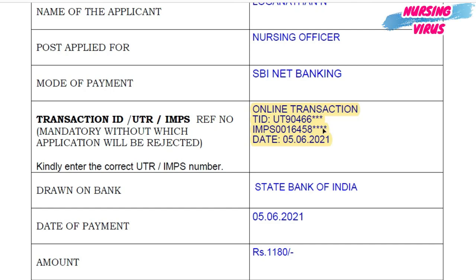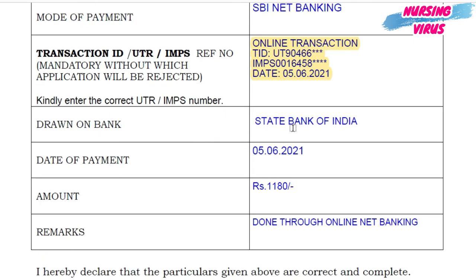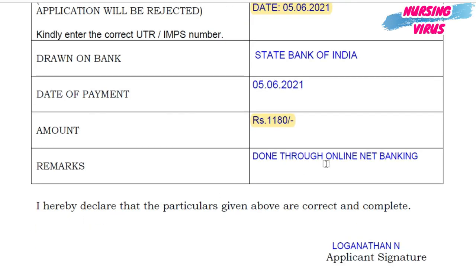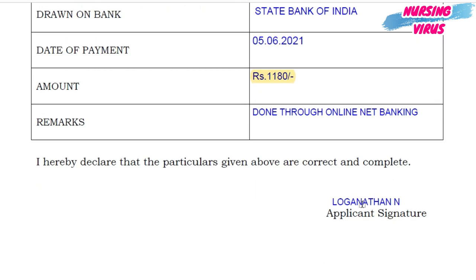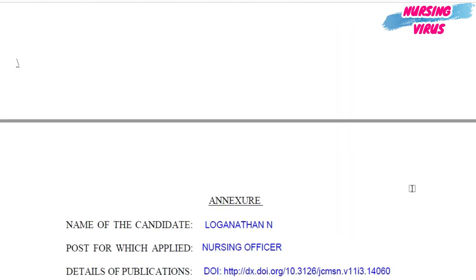You must give those details. And the bank on which it is drawn, the State Bank of India, the date of payment, the date you made the payment, and the amount, according to the cash price. If there is any special remark, you can write it and give your signature.